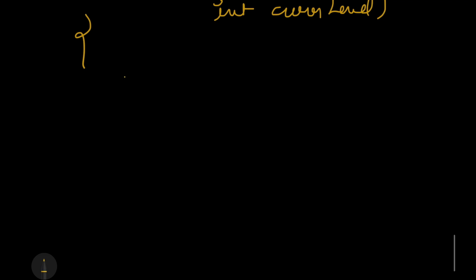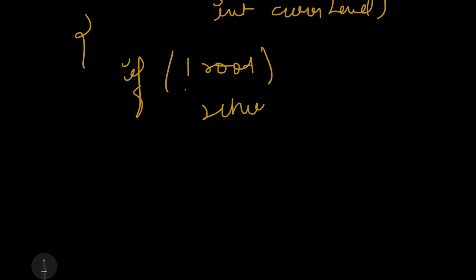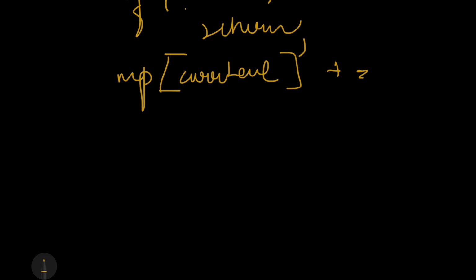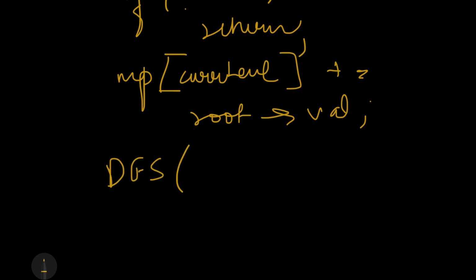And if our root is null, then simply we'll return from the function. Then we'll define map of current level, which was the first level, as plus plus the root value. Current value will contain the root value.